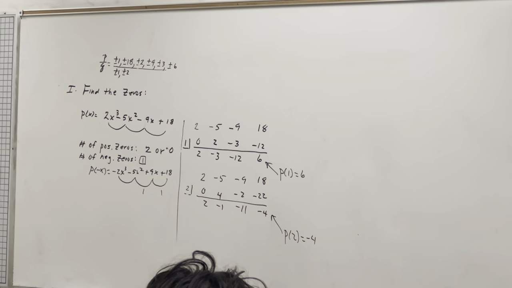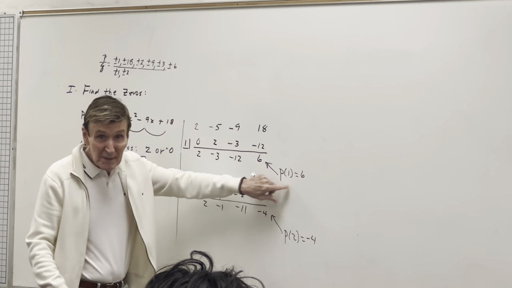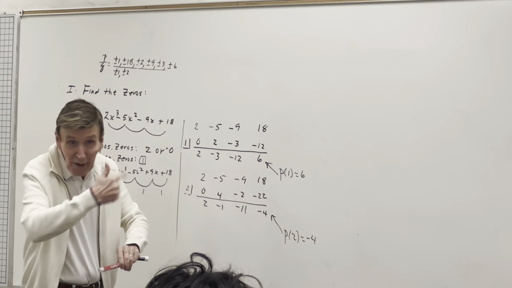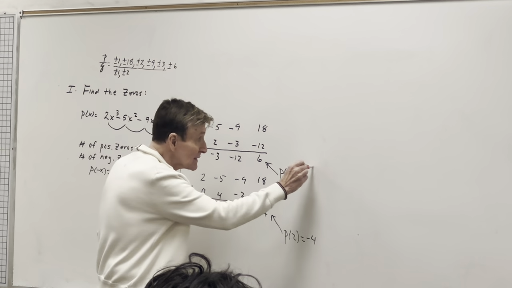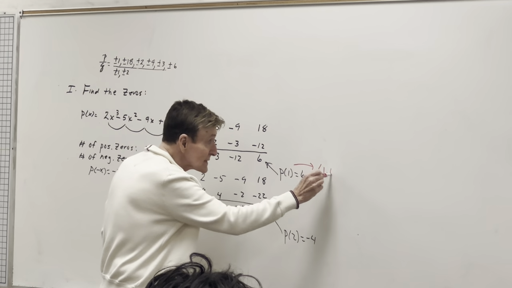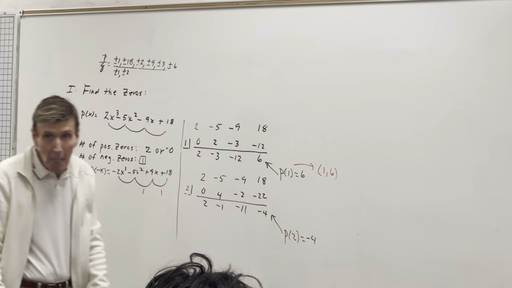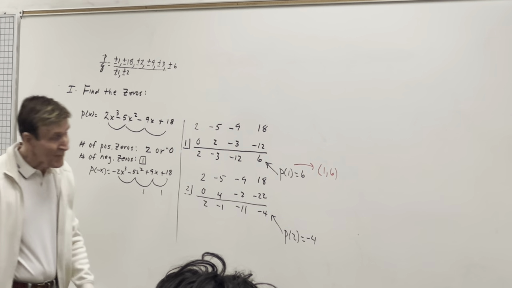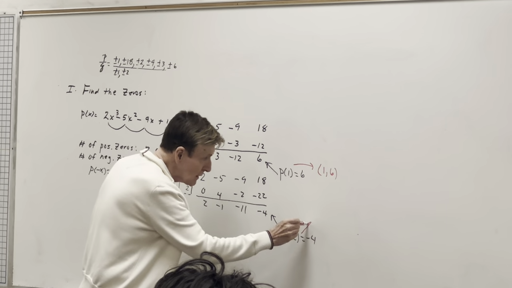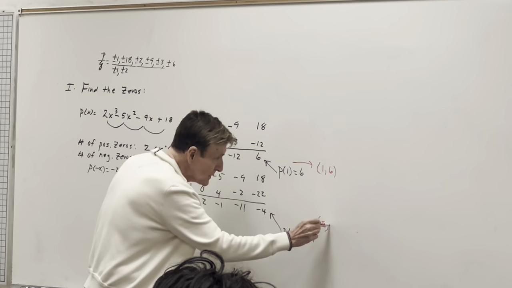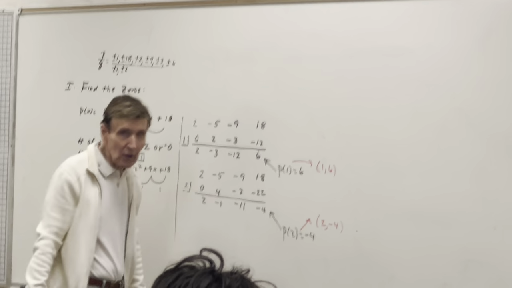Now, something else that's coming out in this example here, to point out something here. P of 1 is equal to 6. If I should ask you to graph this thing, this means an ordered pair, 1, 6, is on that graph. This, in terms of graphing, means 2, -4 is on that graph.